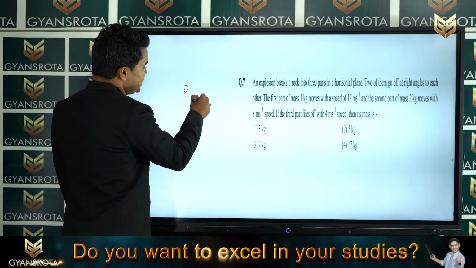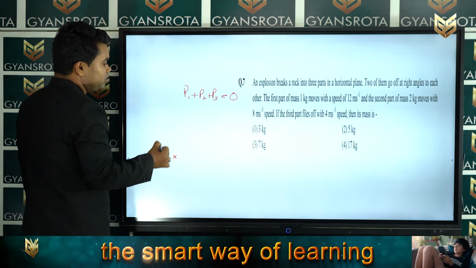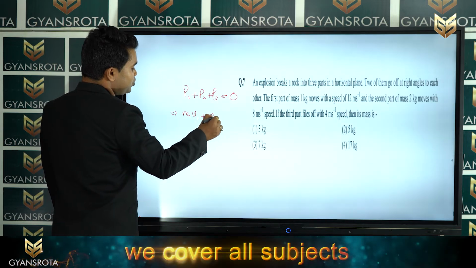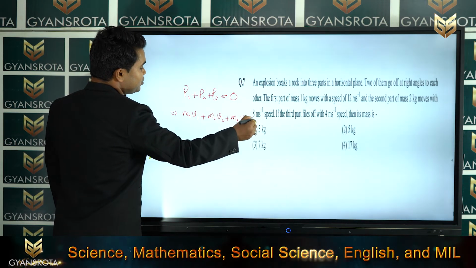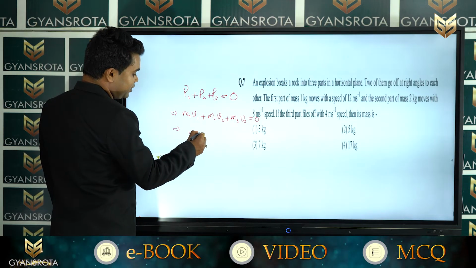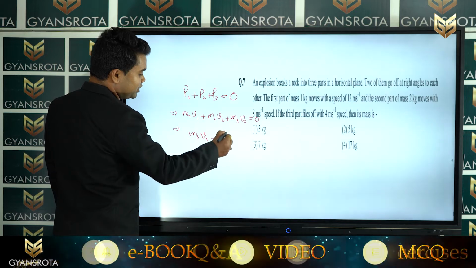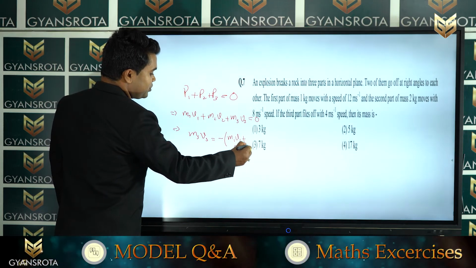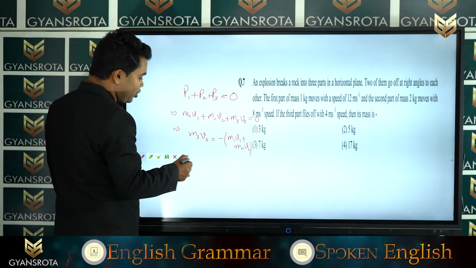P1 plus P2 plus P3 equals 0. So I can write M1 V1 plus M2 V2 plus M3 V3 equals 0. Now keeping M3 V3 on one side and the others on the other side, if I want to take only the magnitude, I can take the mod.